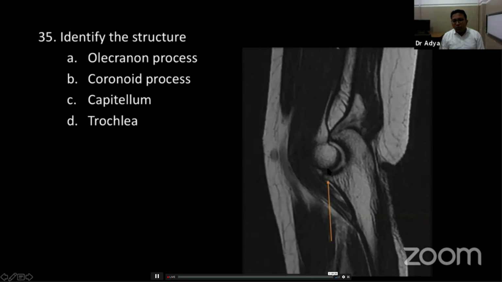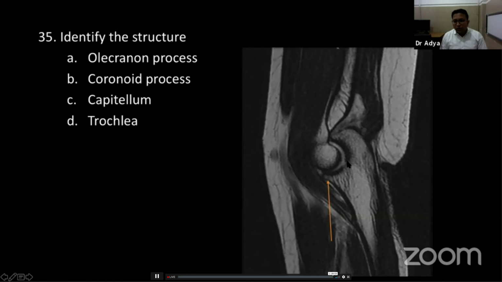This is the coronoid process, this is the olecranon process, and in between there is a gap in the cortical outline, which is basically a normal structure, because the cartilage that outlines the olecranon process carries a small structure which forms a junction between two cartilaginous parts. This is known as the pseudo loose body.